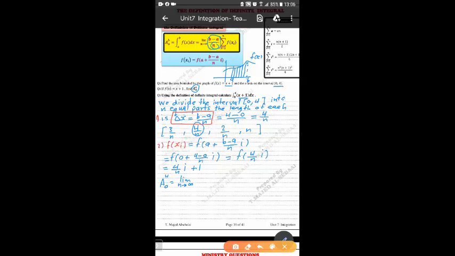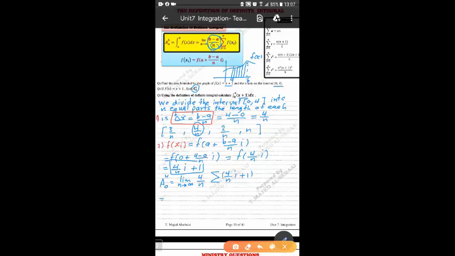Then what is b minus a over n, this part? We found it. It was 4 over n, right? 4 over n. Then the summation. F of xi, I will substitute this. It is 4i over n plus 1. Okay?